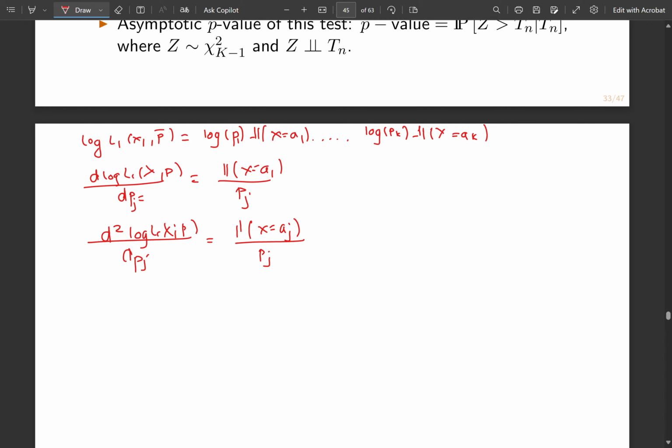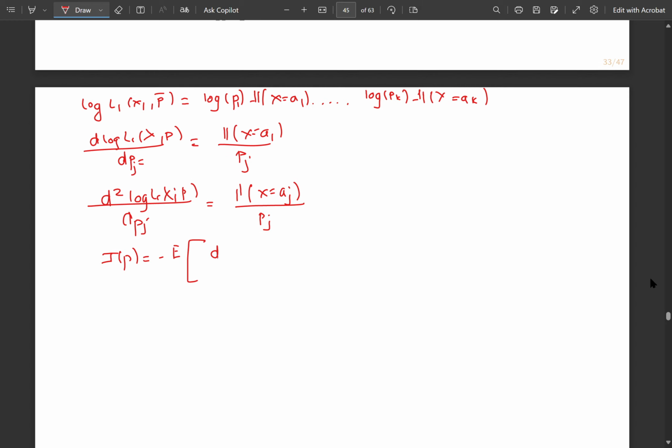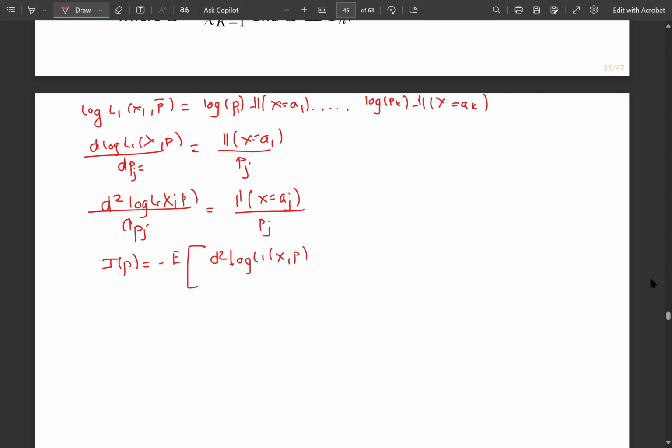That is, the expectation is equal to minus the expectation of d square log L1 of x with respect to pj. So this is going to be our Fisher information.